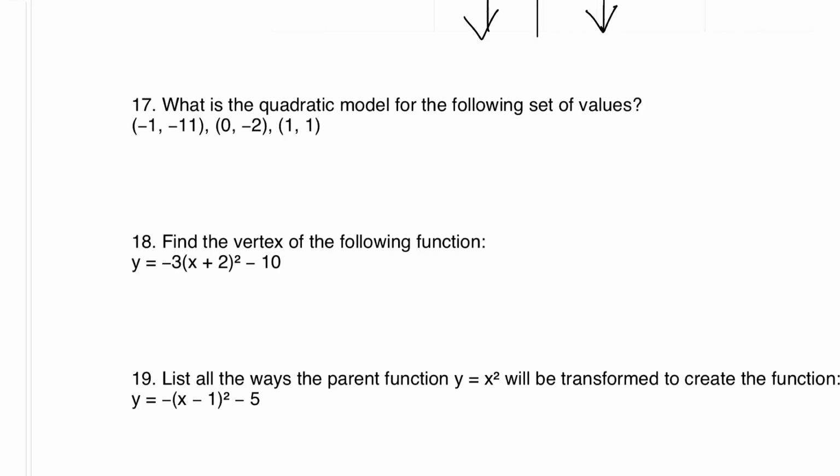Number 17, what is the quadratic model for the following set of values? So our quadratic equation is going to look like this. Okay, this is vertex form. We could also do this in standard form.